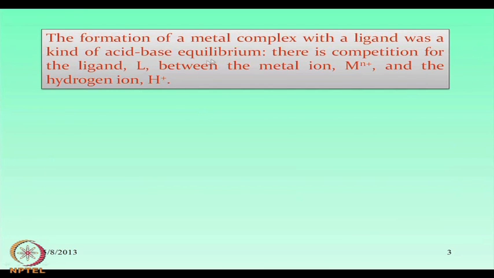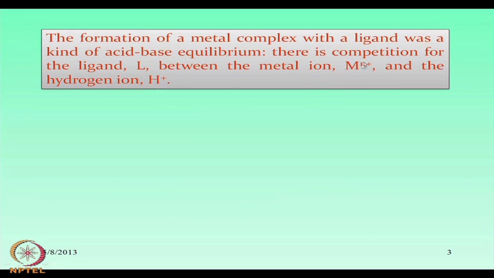In that case, the formation of a complex with a ligand can be considered as a typical acid-base equilibrium, and there is a competition for the ligand L between the metal ion M n+ and the hydrogen ion.